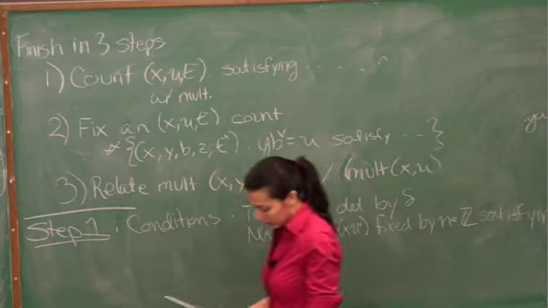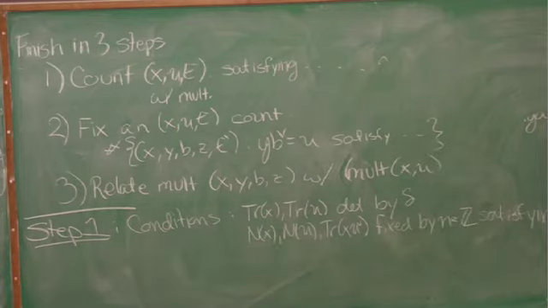Okay, so let me make a little bit of a side remark about how we're going to count this. Okay, so Kristen in her talk alluded to this paper of Gross and Zagier.